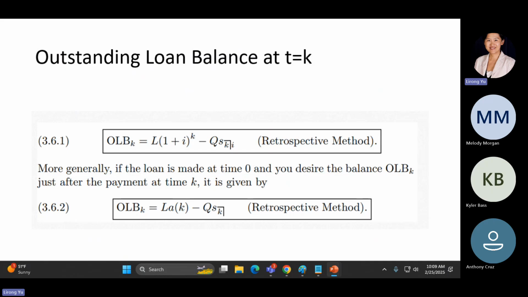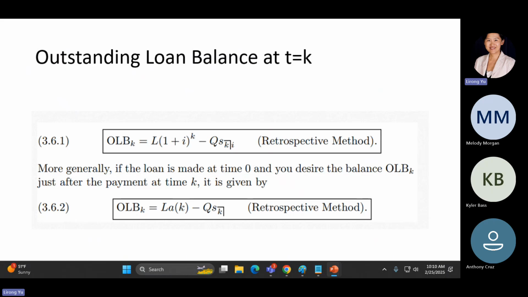So L is the money borrowed, but by time K you have to find the value of L at time K. So L is multiplied by 1 plus i to the power K. L is the value at time 0. So at time K, the L is now L times 1 plus i to the power K.